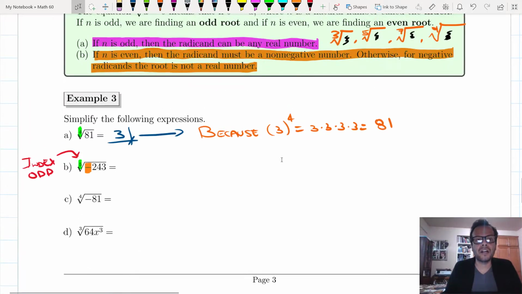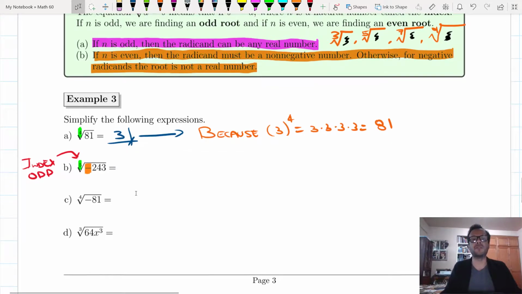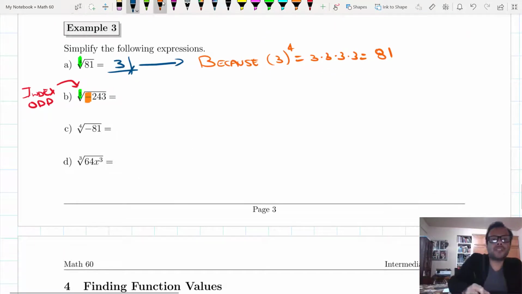Again, let's go up to the sentence highlighted with purple. If n is odd, then the radicand can be any number. The final answer is we carry the negative sign, and we look for the number whose fifth power is 243, and in this case it is 3.